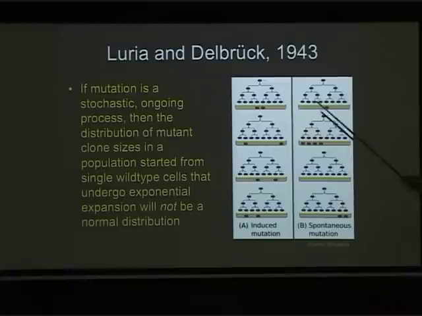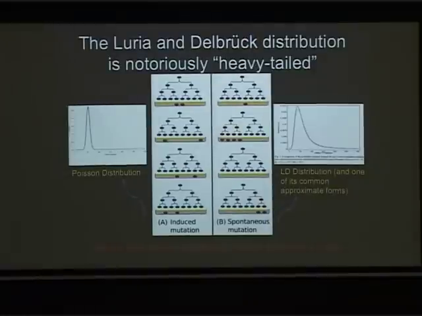And so Max Delbrück helped him figure out that there was a reason for that, and that is that the expected distribution of mutations in a branching process, where the mutations can hit at any random point, has a huge tail to it, because if a mutation hits early, it generates a very large number of mutants at the end. And so that's called the Luria and Delbrück distribution.